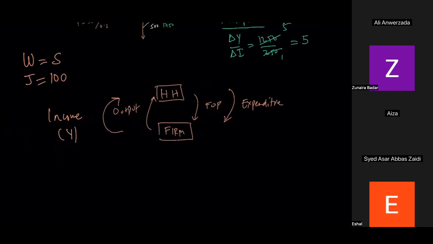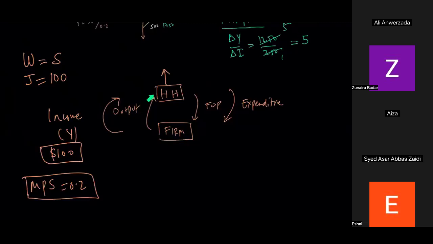Now let's say the household got $100 of income, okay? What did the household do with it? If we look at their saving, their MPS was 0.2, right? That means if you give them $100 of income, if this $100 of income goes to household, 0.2 or $20 is saved. Are you all with me?